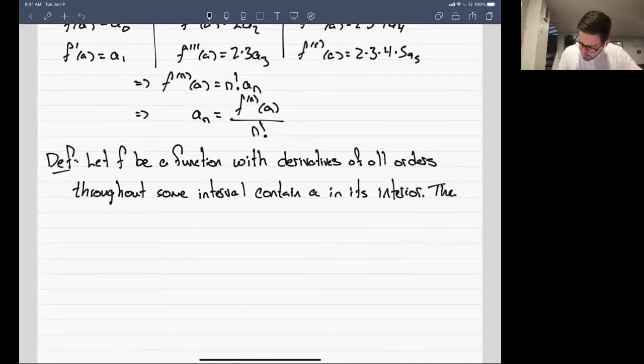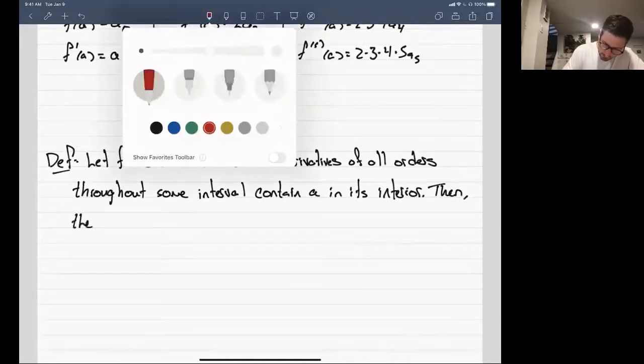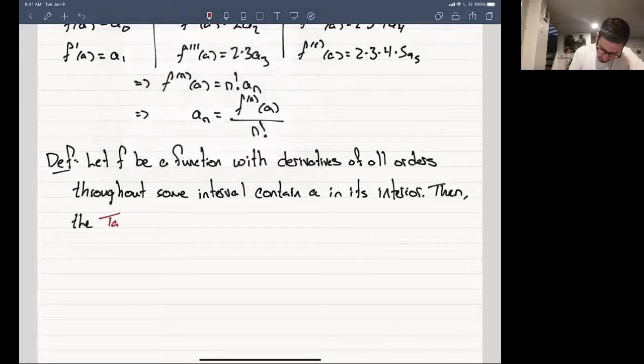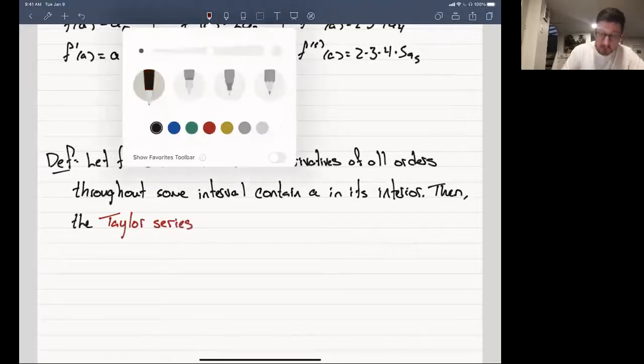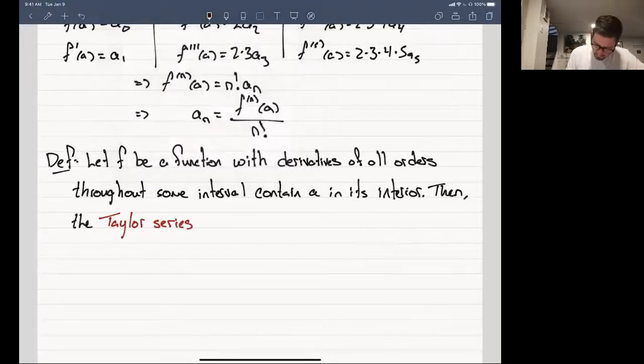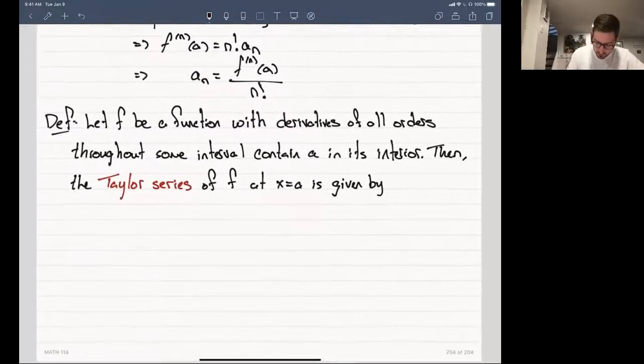So then the Taylor series, named after a British mathematician, Taylor, of f at x equal to A is given by, well, this is exactly what we just proved.